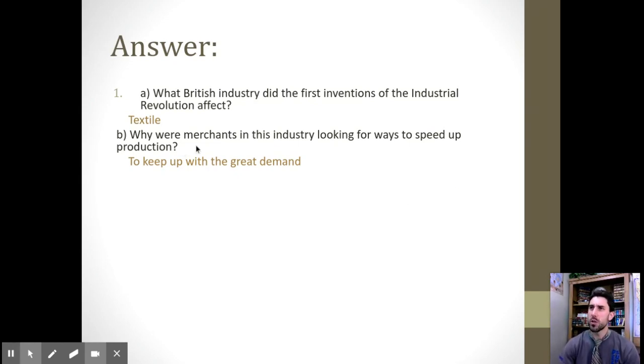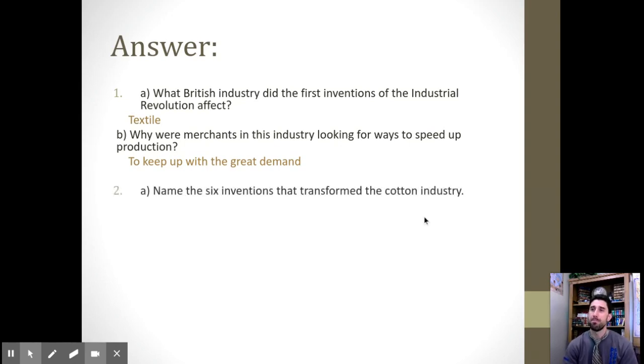Also, because the merchant class is looking to profit for itself, and this is a very profitable industry to get into. So you speed up production, you increase your profits. So keep that in mind too. If you answered along the lines of to make a profit, that's a common sense answer for sure.